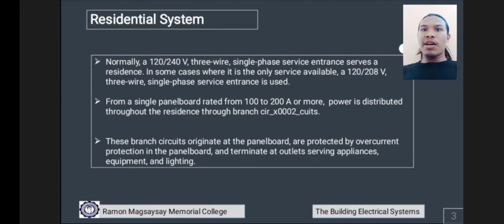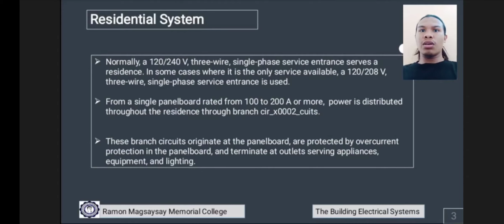In a large residence, a set of feeders may extend from the main panel board and bring power to one or more sub-panel boards located at remote areas of the building. Branch circuits originating at the sub-panel board feed outlets in these outlying areas.